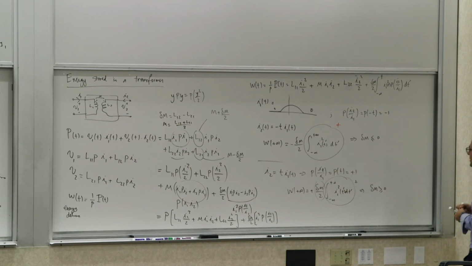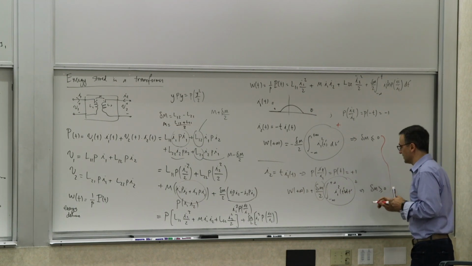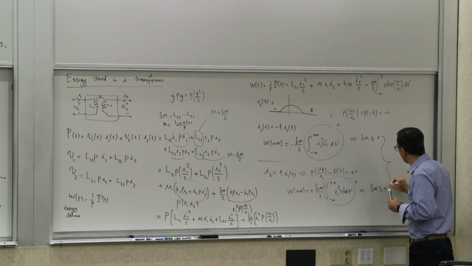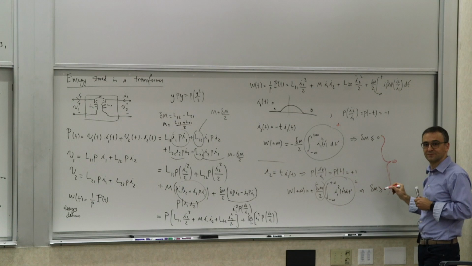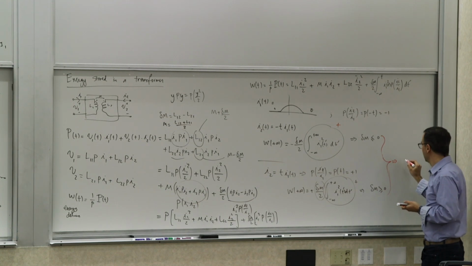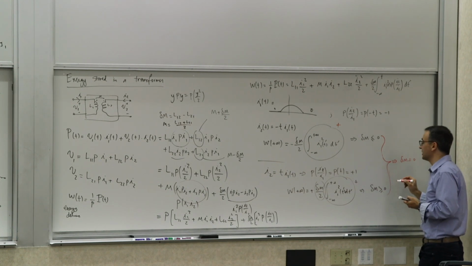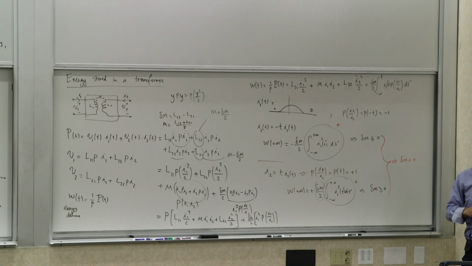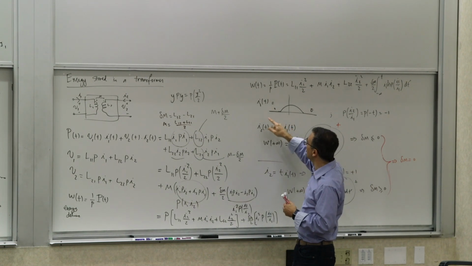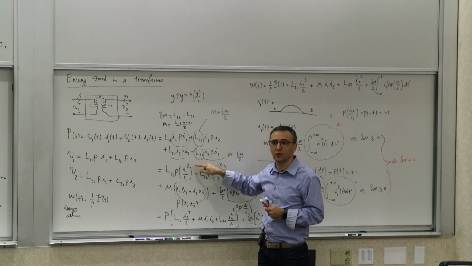And of course, these two combined tell you what? If both of them are true, that means that delta m has to be 0, which means that it's reciprocal, because delta m was the difference between L12 and L21.